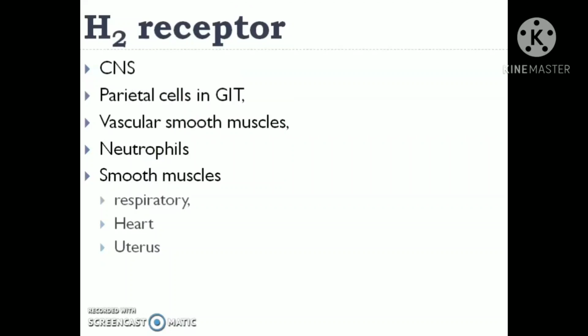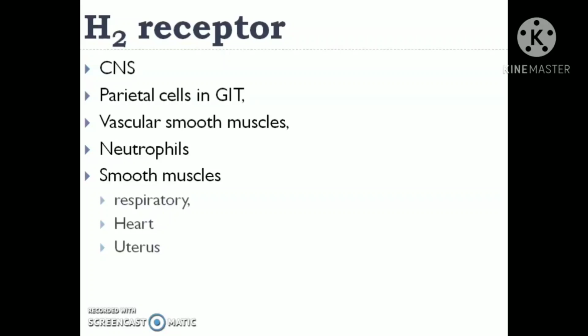Next is the interaction of histamine with the H2 receptors. These H2 receptors are present mainly in parietal cells in the gastrointestinal tract, vascular smooth muscles, respiratory tract, heart, uterus, etc. The most important and significant effect of histamine on H2 receptors is that they mediate gastric acid secretion.